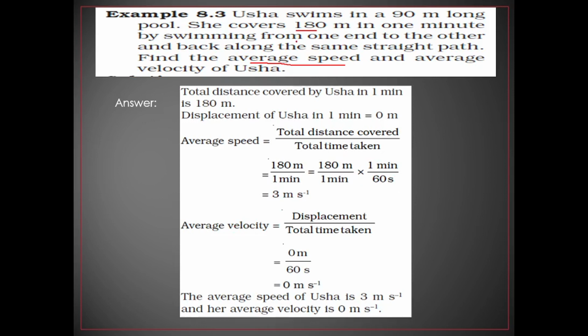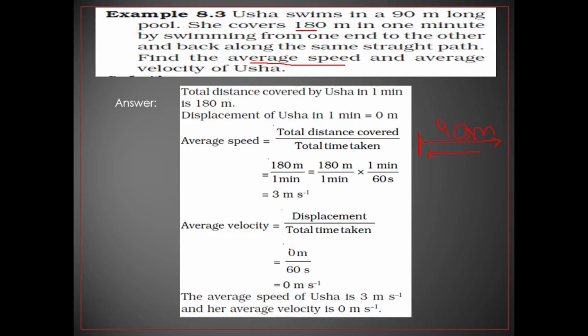She goes there, this is 90 meters, and then she comes back. So she again came to the initial point, so the displacement became 0. Average velocity is displacement by total time taken.